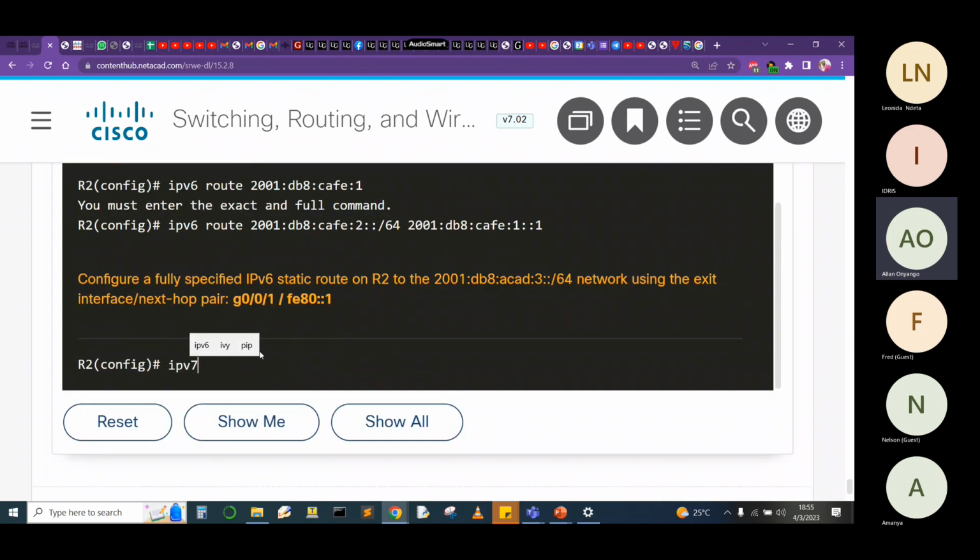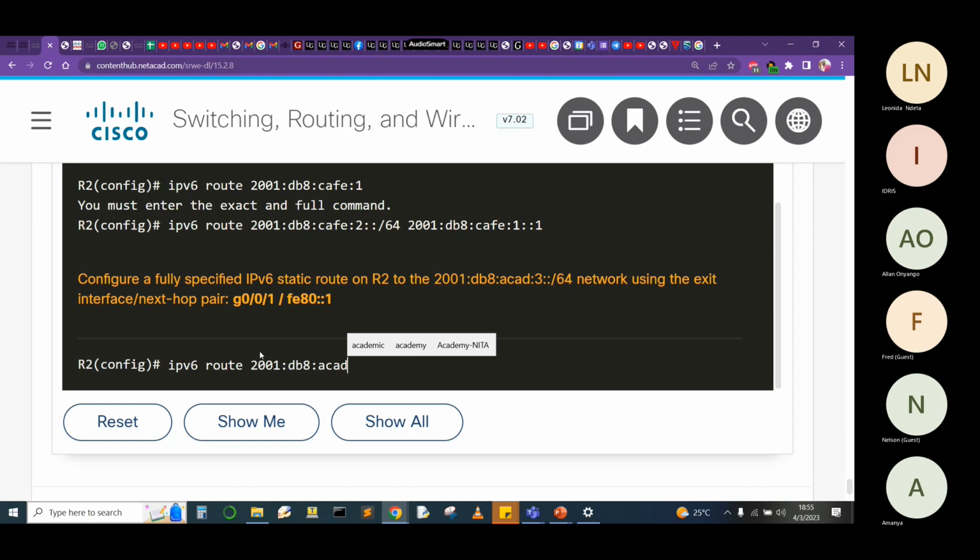We say IPv6 route 2001:db8:acad:3::/64. That is the remote network. We add it using both the exit interface, G0/0/1.